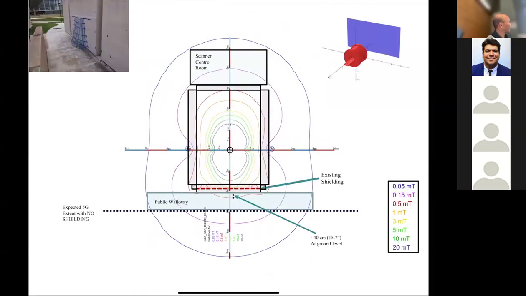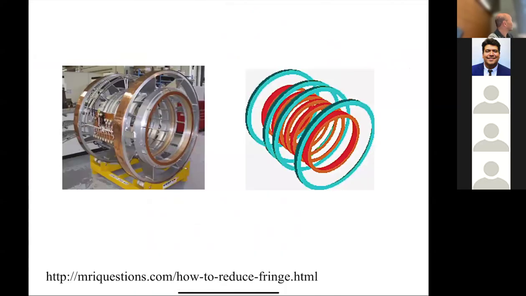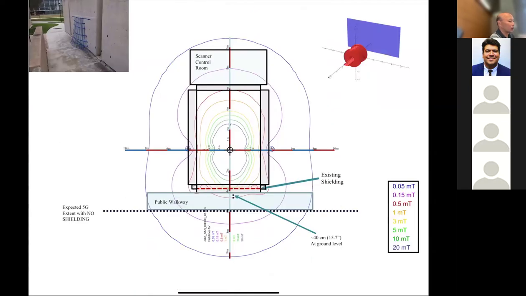So what that leads to is when you're siting a magnet. This is a magnet that we were trying to site, and it just so happened that the 5 Gauss line poked a little bit beyond the back of the wall, given the position of the magnet. So if people were going through here, we had to make sure that we brought the 5 Gauss line within the wall.